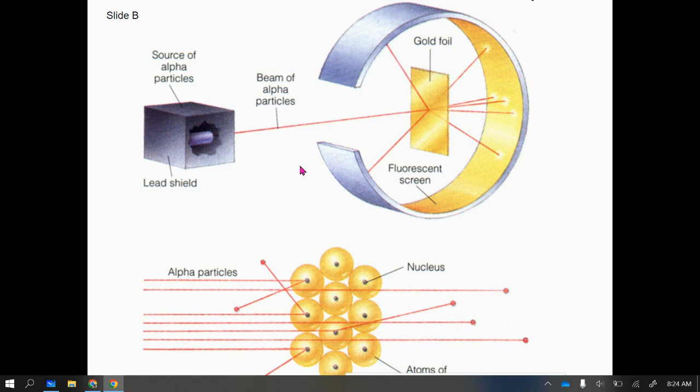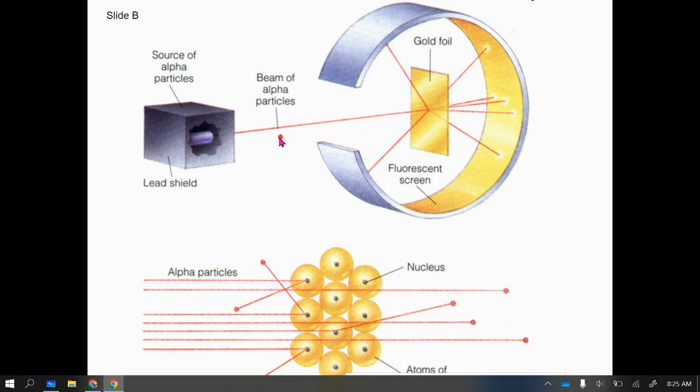And so, what he thought because of this, his hypothesis, based on his current information, was that if he shot a beam of alpha particles, which are positively charged particles, if he shot those at a very, very thin sheet of gold foil, and we're talking like thinner than tissue paper here, that all of those alpha particles would go straight through the gold foil because of the current model that he thought existed of the atom.